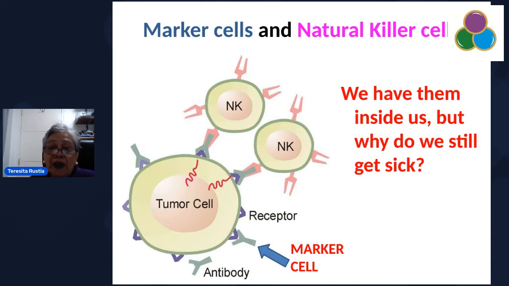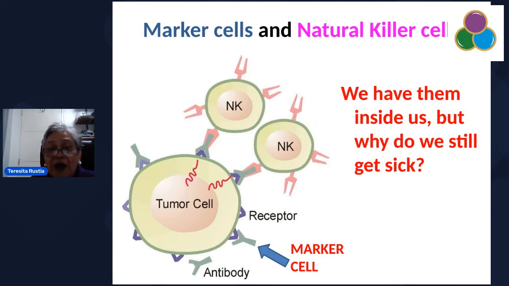Now, if there is a cancer cell, for the natural killer cell to distinguish it, we need marker cells. So in this diagram, that letter Y is a T cell. It is an antibody. It is a marker cell.